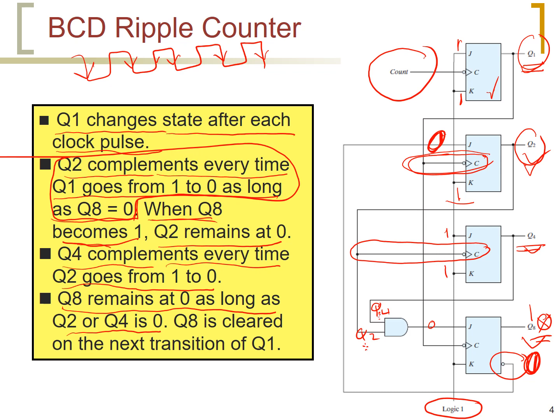When either is 0, this is 0, K is 1, and J is 0, which means Q8 will remain at 0. It will be reset. On the other hand, when both are ones, this will be 1, and when this changes, this flip-flop will complement, which means it will go to 1. So this is really the design of the counter based on the rules that we derived.